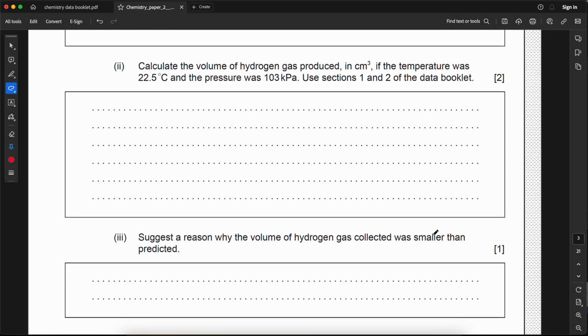Calculate the volume of hydrogen gas produced in centimeter cube if the temperature was 22.5 degrees Celsius and the pressure was 103. Okay, so to find the volume of gas, this is the equation. So we can rearrange this by dividing by P. So we have the gas constant, and then the temperature, and the pressure is also known, but not the mole of H2.